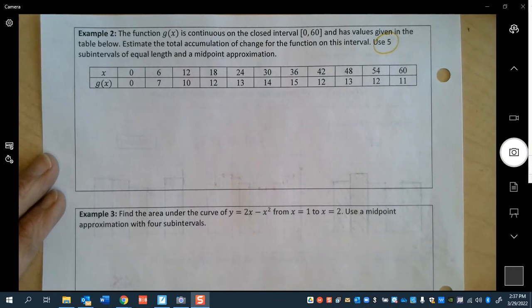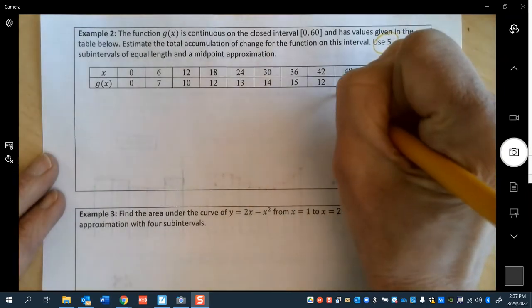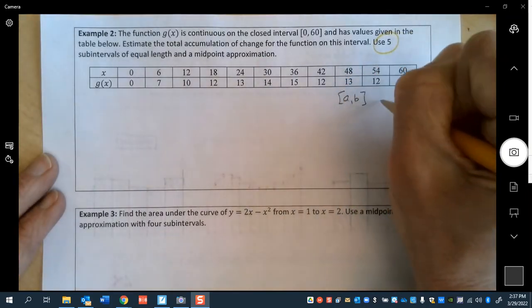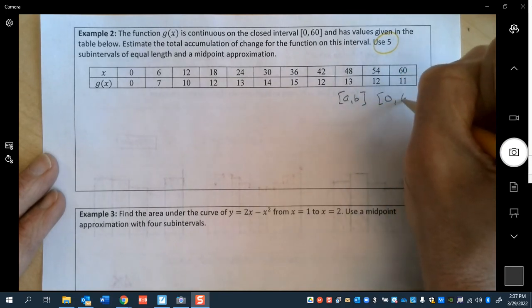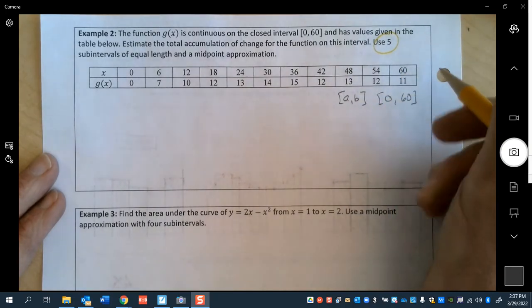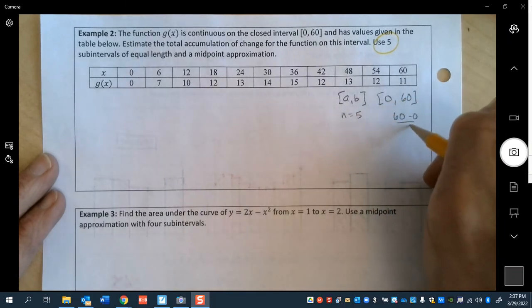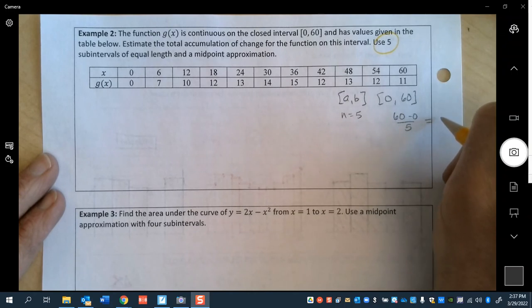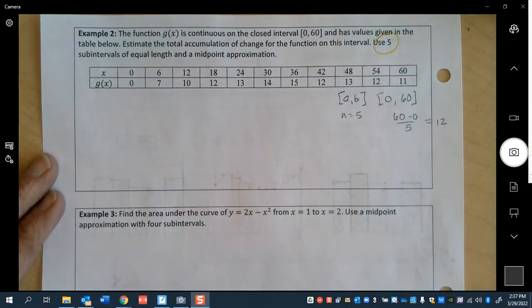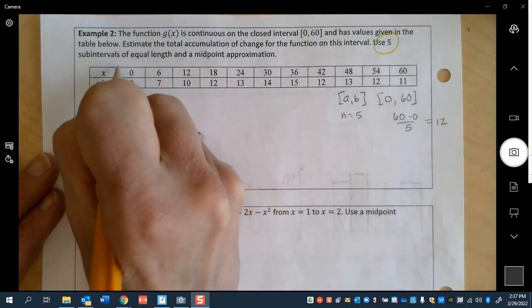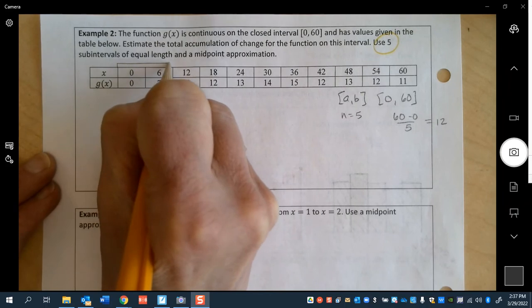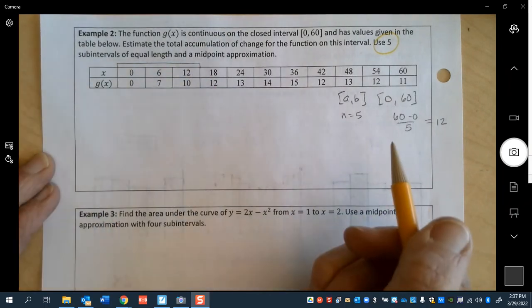So if I have my A and my B is going to be 0 to 60, and then my N is equal to 5. So 60 minus 0 divided by 5 means that I'm going to go ahead and have my intervals 12 long. So when I go from 0 to 12, here's one interval.